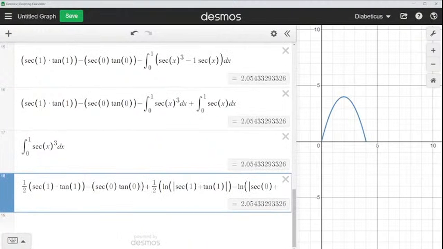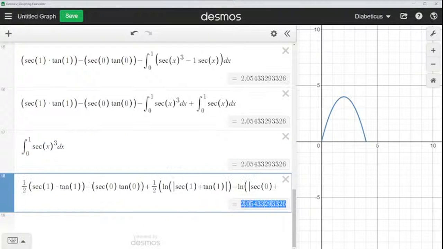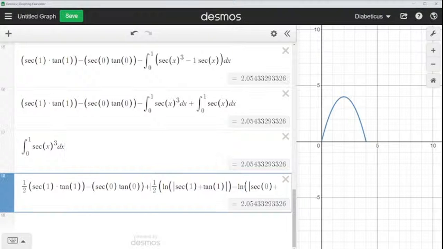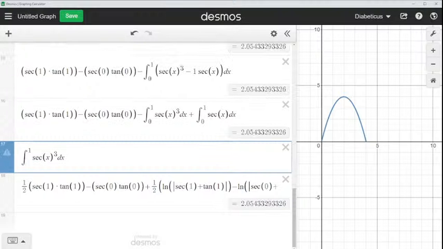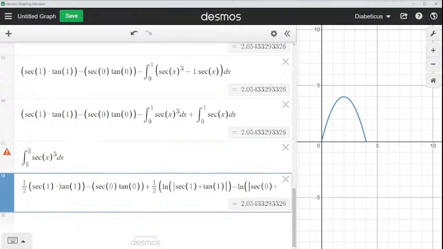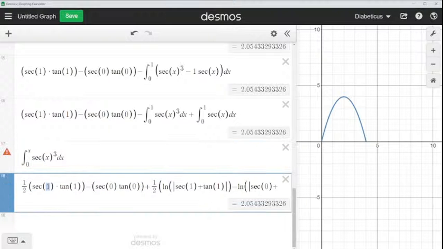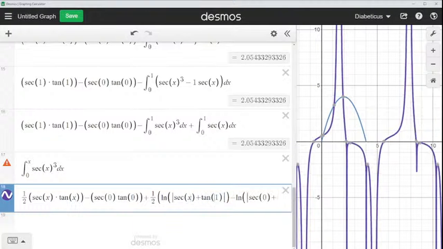The reason I wrote it as an improper integral is so I can maintain some visible equality from Desmos. If I define the improper integral, it's the same thing as x and 0. This is gonna be x, x, x, x.